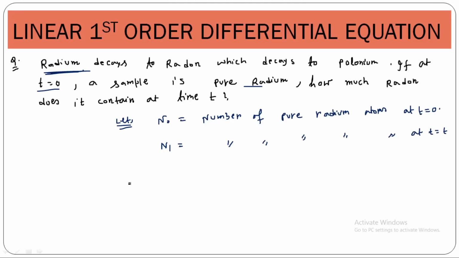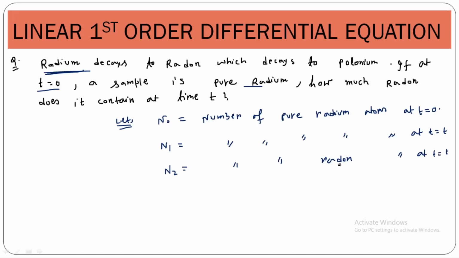And what we have to find out is N2, that is the number of radon atoms at t is equal to t.